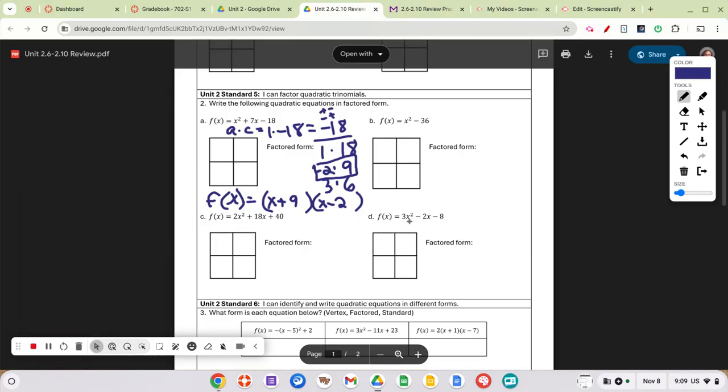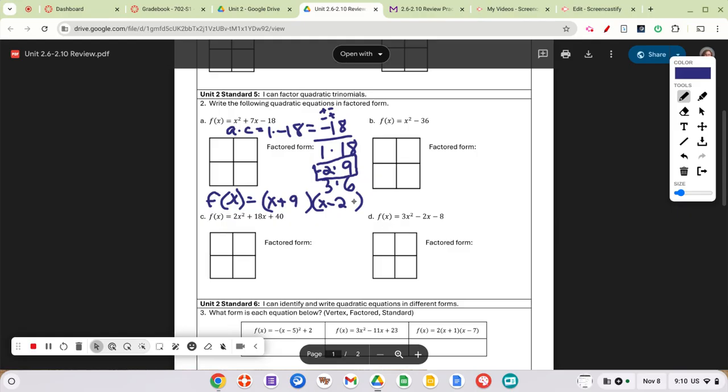The answer is no. 2 and 8 are both even numbers, and 2 is a prime number. 3 is also a prime number, and you cannot factor anything out of all 3 of those. You can't factor an x out because there's no x on this 8. So there's no factoring allowed on this one for pulling out a greatest common factor.